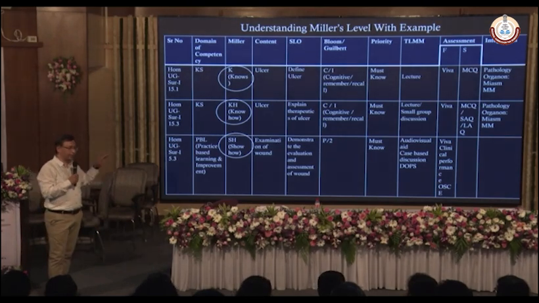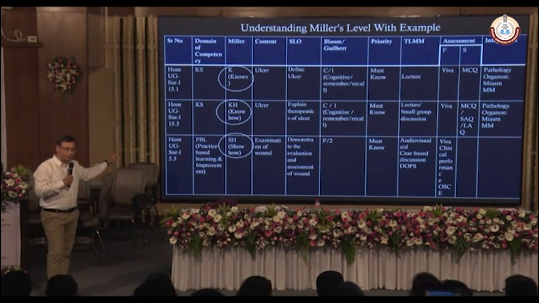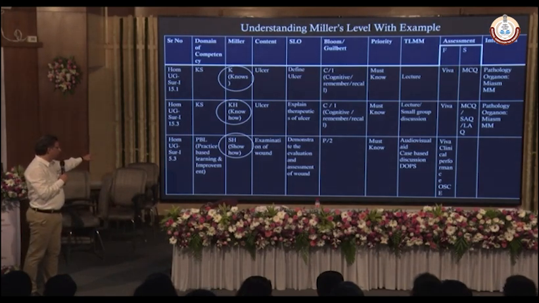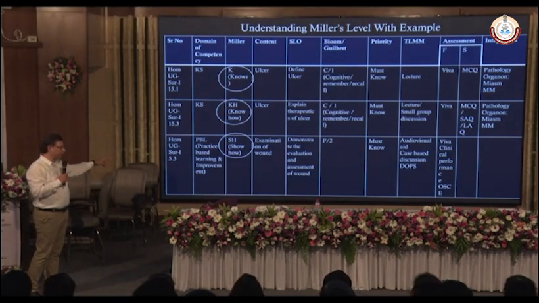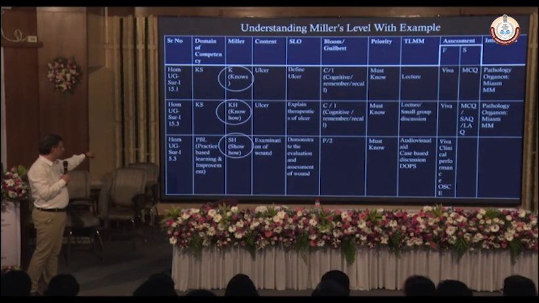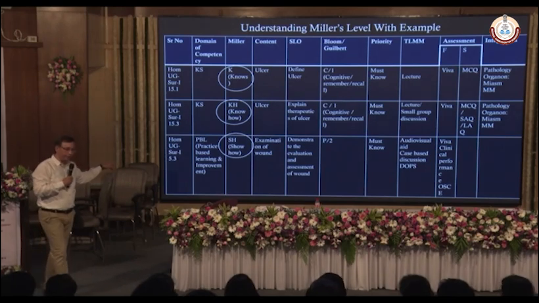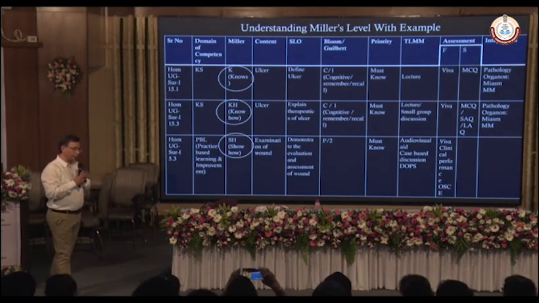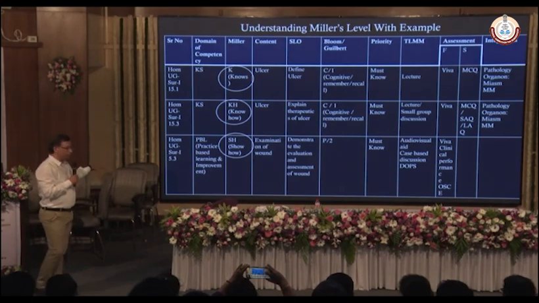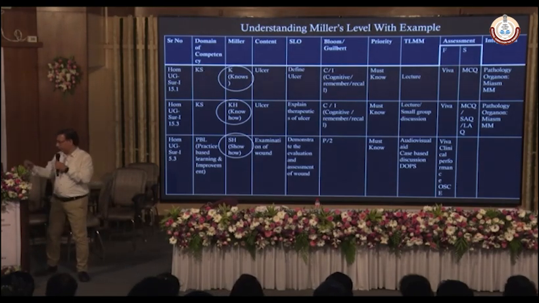So it is the second level, know-how. In the third, SLO is demonstrate and evaluate assessment of the wound. So it is show how, naturally, it is a psychomotor skill. Okay? So this is our Miller's level according to our SLO.